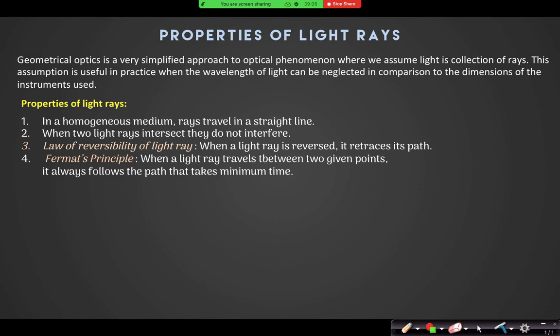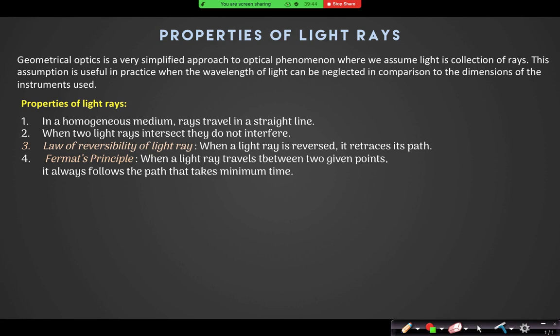So first of all, we should understand a few important properties of light rays. I have written that geometrical optics is a very simplified approach to optical phenomena where we assume light is a collection of rays. This assumption is useful in practice when the wavelength of light can be neglected in comparison to the dimensions of the instruments used. That means if you are using a normal mirror, it has a radius which is much higher than the wavelength of light.